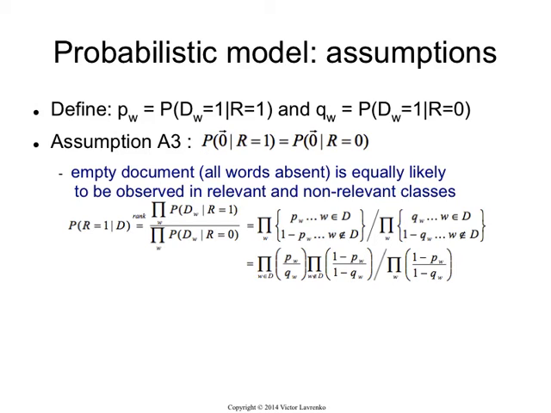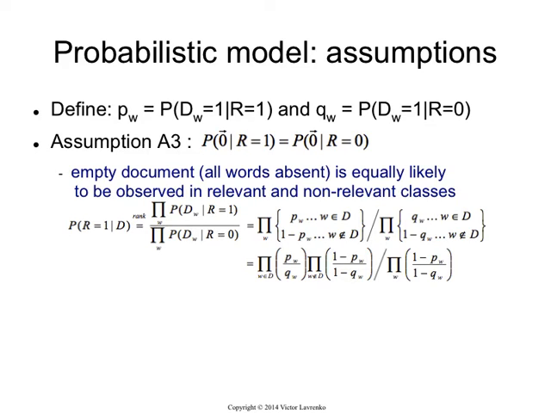So now take a look at that quantity and think about what this actually means. I have a product going over all the words in the vocabulary. Let's just look at the numerator. Product over all the words in the vocabulary, 1 minus PW. Together, that defines the probability of an empty document occurring in the relevant class. It's 1 minus PW. This means that any given word is absent, and it's true for all words.